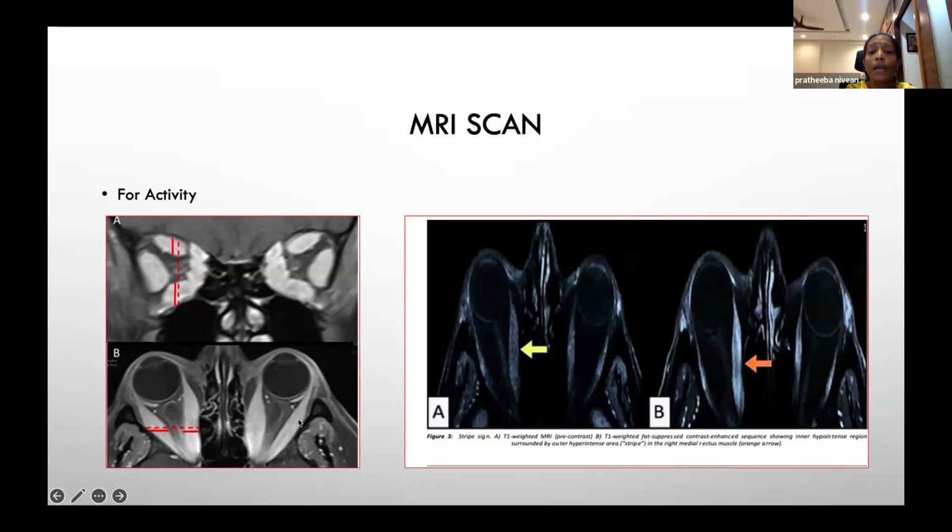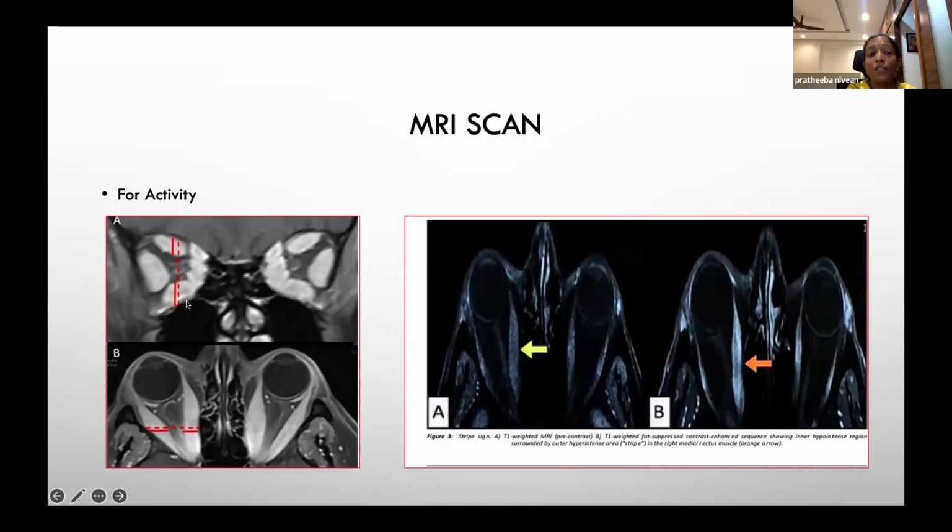In MRI, the muscles are hyperintense, and we can see the crowding of the orbital apex. And there is something called the Barrett's index, which we look at to detect dysthyroid optic neuropathy. That is nothing but you add the muscle, superior rectus and inferior rectus, and that should be more.